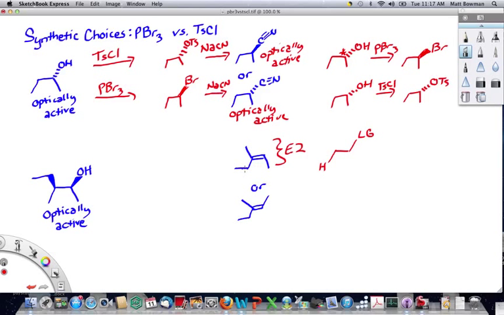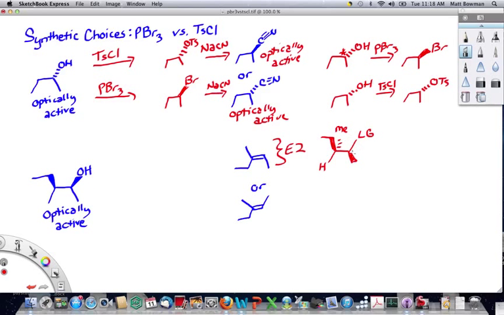This methyl group and this ethyl group are both on the same side, so we'll call them both wedges. This methyl group and this methyl group are anti to each other, so if this methyl group is a wedge, this methyl group also would be a wedge.